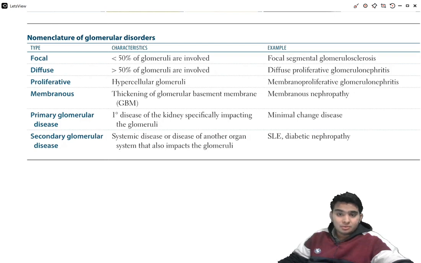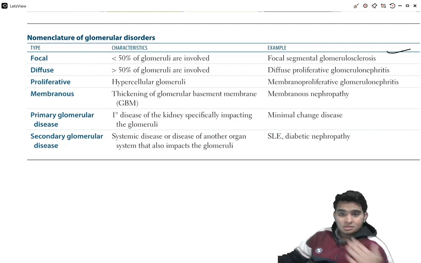First, you have to understand some of the terminologies. Focal means that less than 50% of glomeruli are involved, for example focal segmental glomerulosclerosis. When diffuse is termed, it means that greater than 50% of glomeruli are involved.